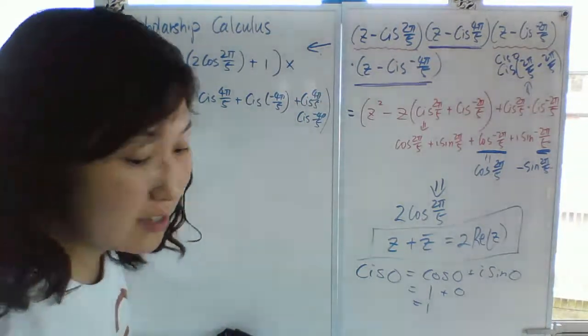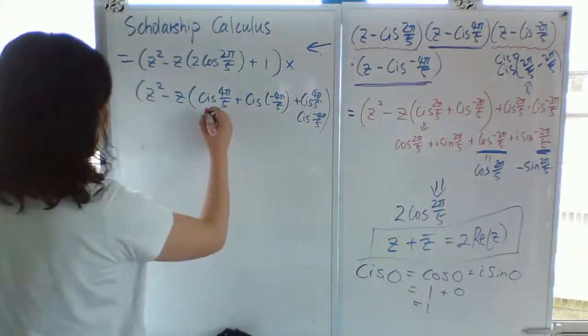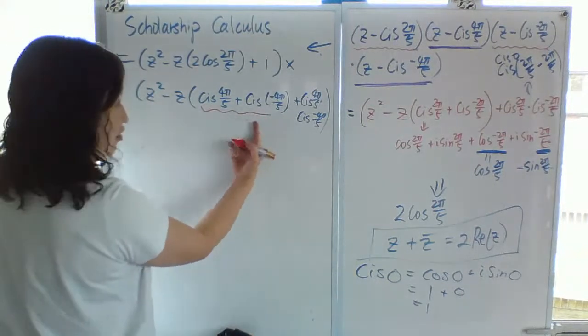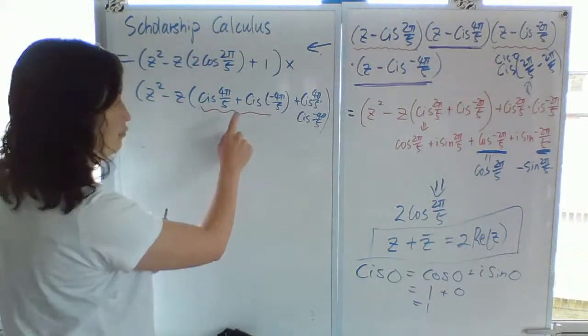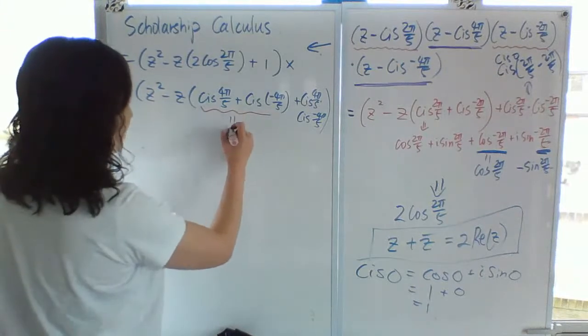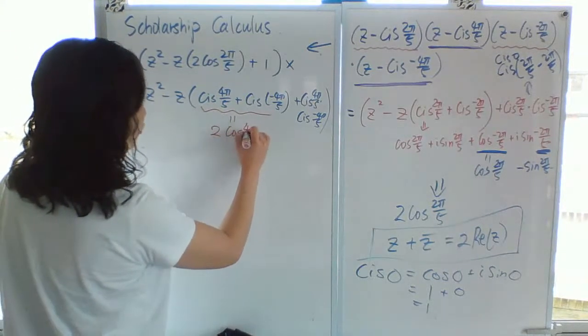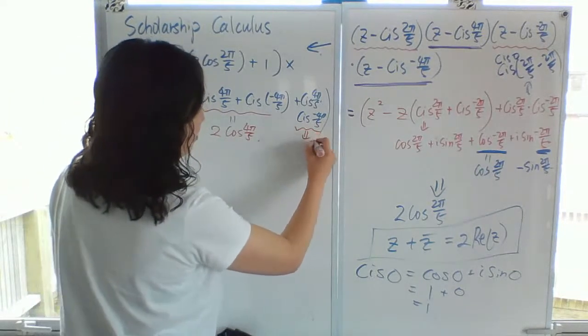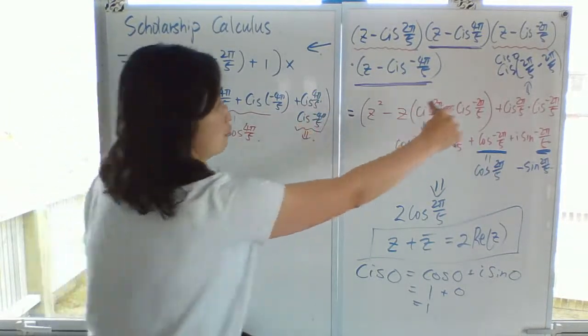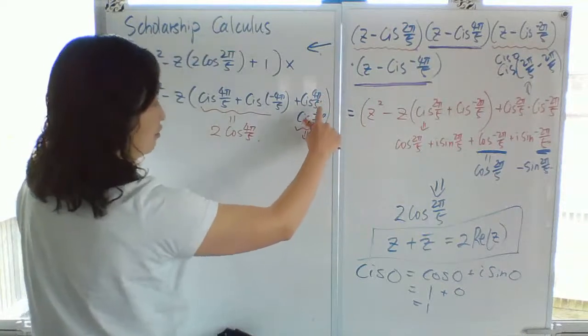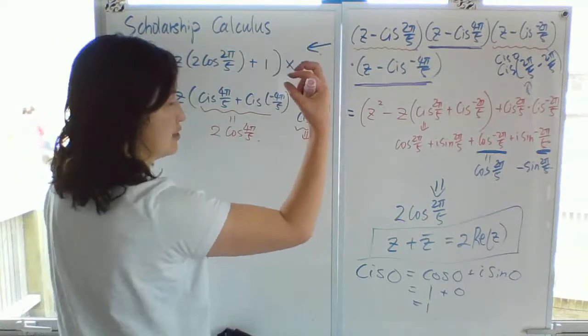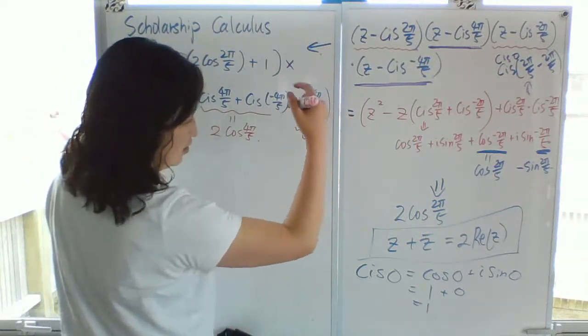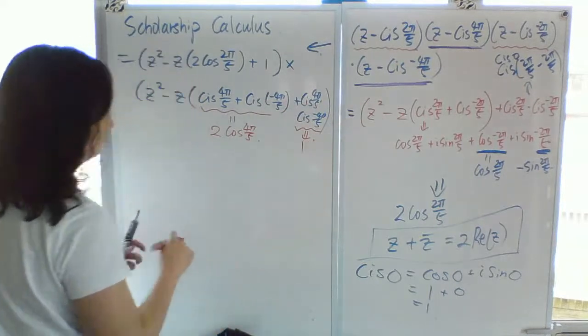Again, just quickly use the properties that we discovered here. When you add the conjugate pairs together, the real part is cosine, so that will give us straight away 2 cosine 4 pi on 5. And when you multiply the conjugates together, again you can use the de Moivre theorem here. The angles add up to give us 0, so it gives us cosine 0, which is equal to 1.